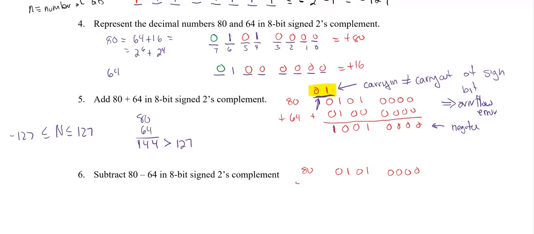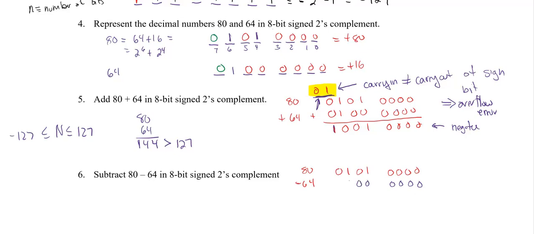And then our negative 64. What's that? That's going to be the 2's complement here. So if we take the 2's complement of 64, all the zeros stay the same, 1, 2, 3, 4, 5, 6.